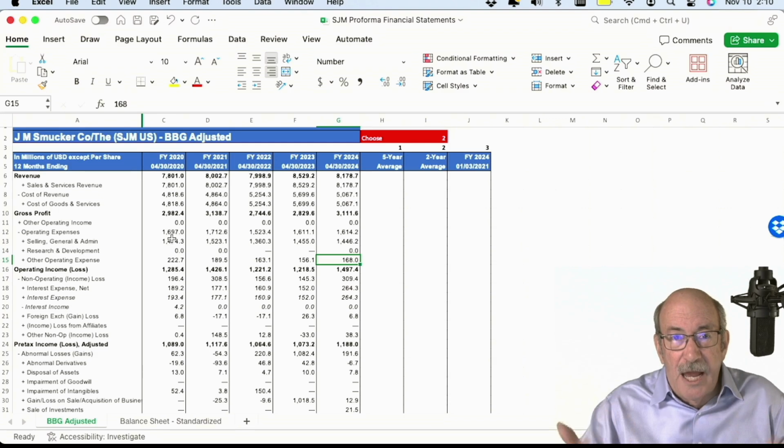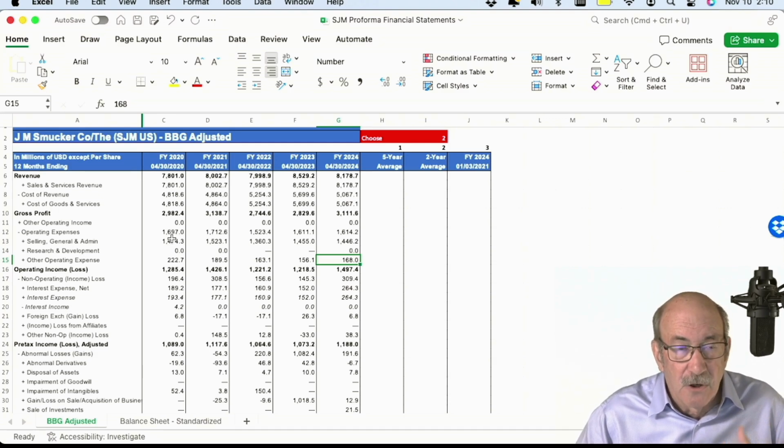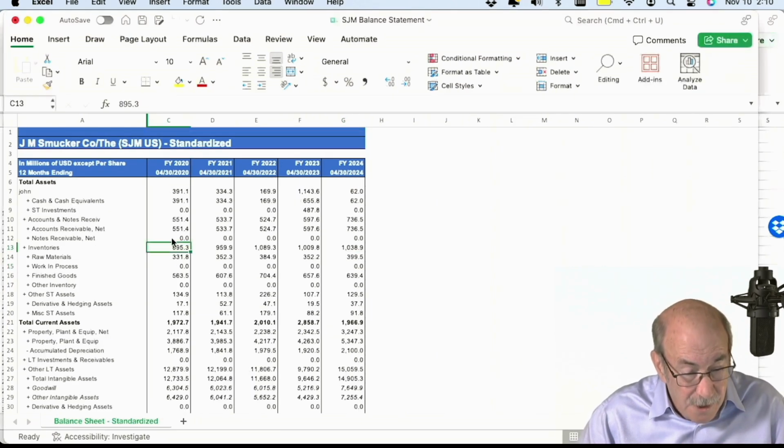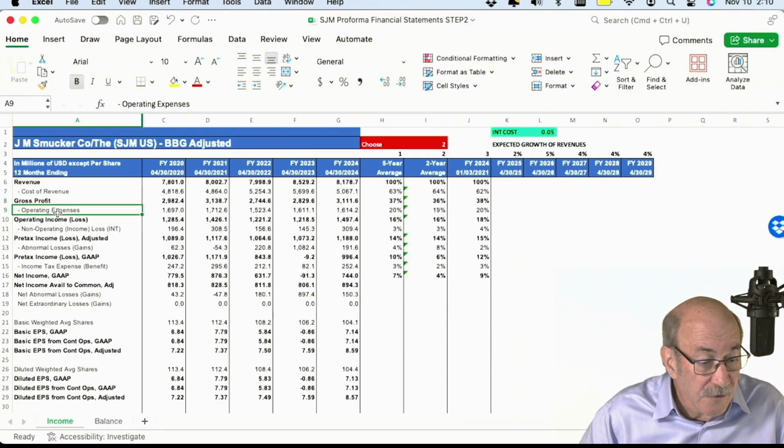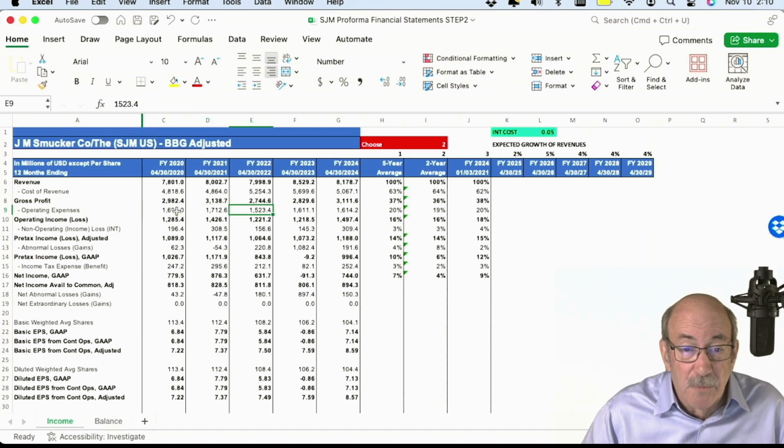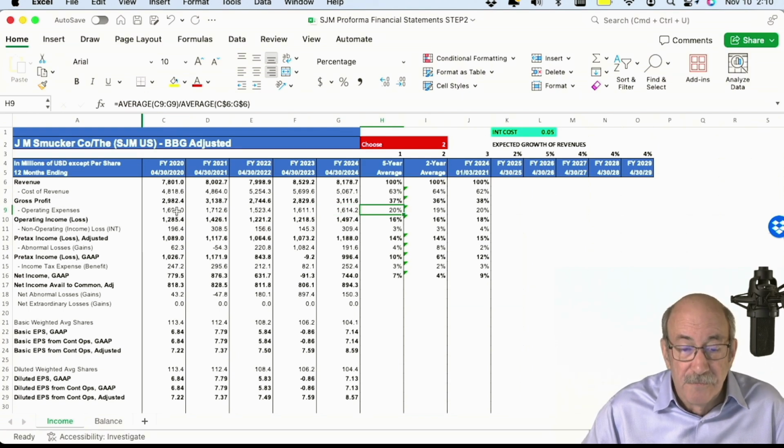So I've just collapsed that into a single account called operating expenses. When we go back to this one, notice here just that single account, and I've got all of my operating expenses in there. And I'm going to calculate my percentages based upon that single account, right?